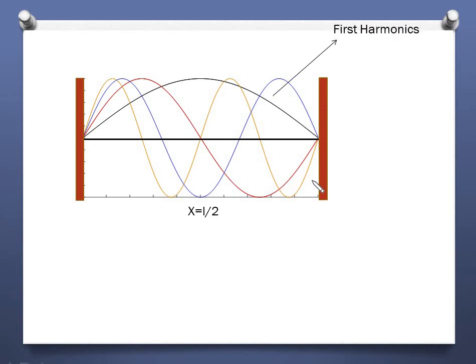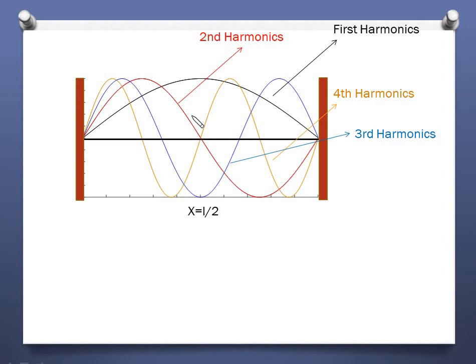These are the first, second, third, fourth harmonic. Okay, and what you can see from here, that at the midpoint, the second and fourth harmonics have a node. Node means where the displacement is 0. Okay, so displacement at this point is 0. That means this is the node point for harmonic 2 and harmonic 4.